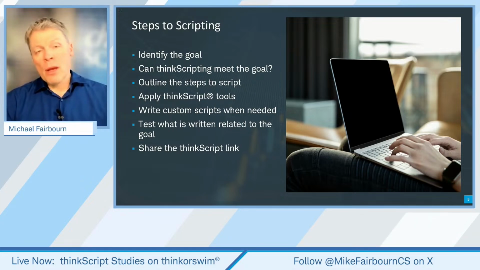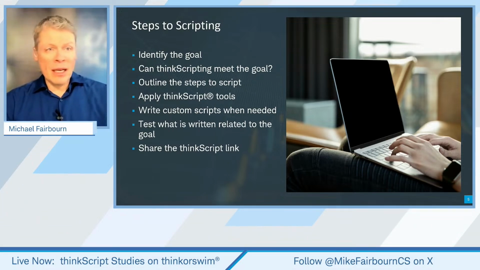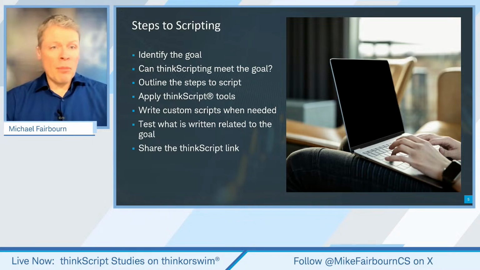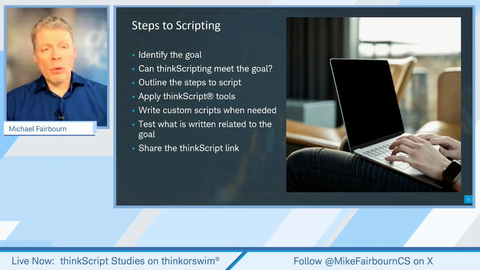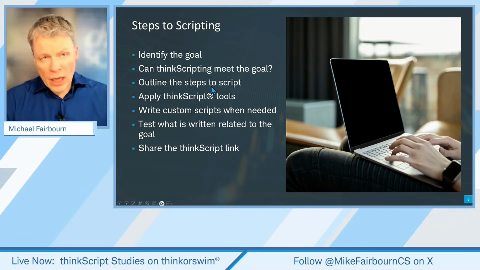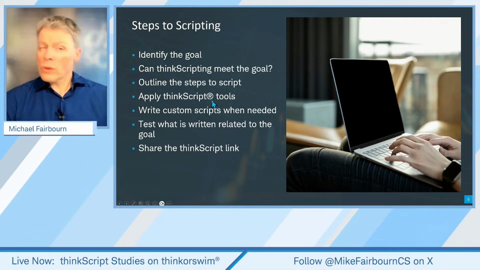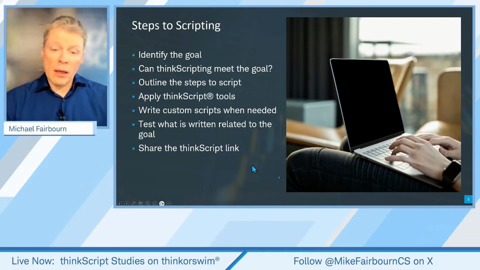We're going to dive into that. But then I tied that in to an indicator. Both of those goals can be met pretty easily. There are some coding issues that we'll go through. We'll look at the code. We want to talk about those steps. We'll apply the thinkScript tools in the form of a scan. We'll talk about the custom script, and we'll share that script as well within the class.